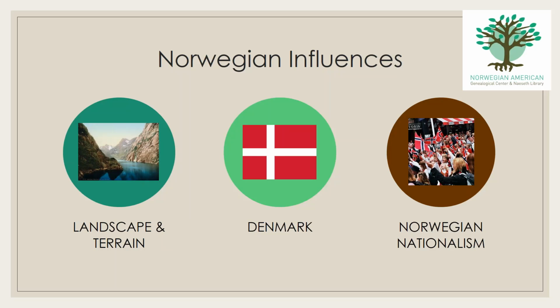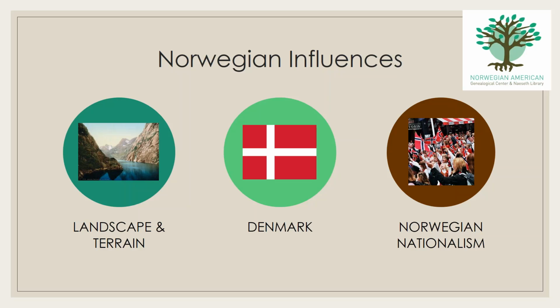And then there was also a major surge in the 1800s of nationalism. The Norwegian people wanted their own language, and there were two competing schools of thought around how that written language should evolve. One group really believed that it should be similar to the written Danish.